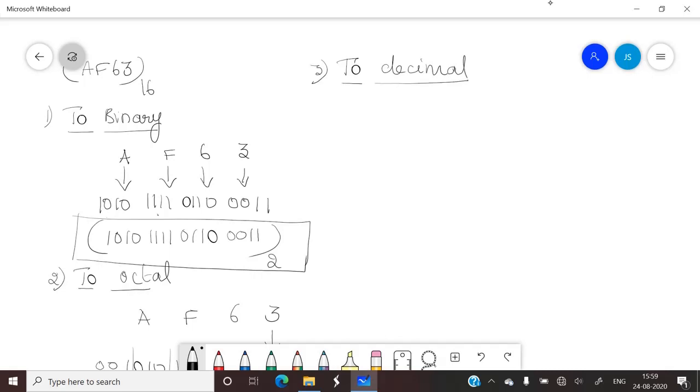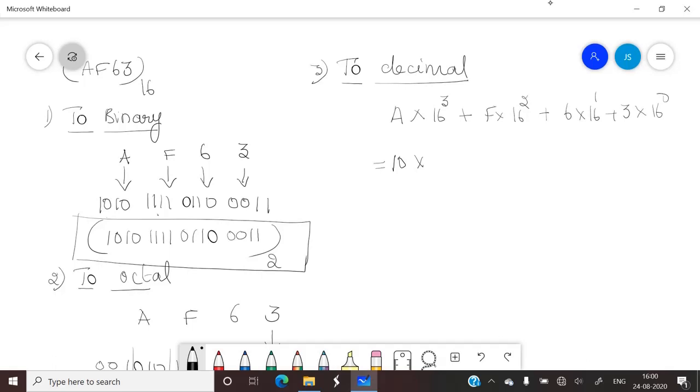Any number to be converted to decimal, we take the digits and multiply them by the integer power of r. Here r is 16. So A into 16 power 3 plus F into 16 power 2 plus 6 into 16 power 1 plus 3 into 16 power 0. A is equal to 10 in decimal.